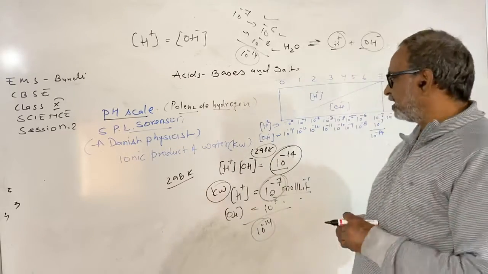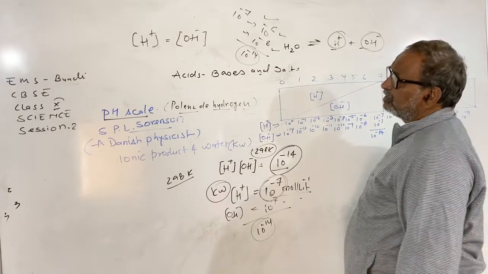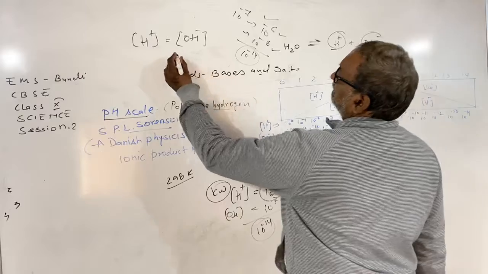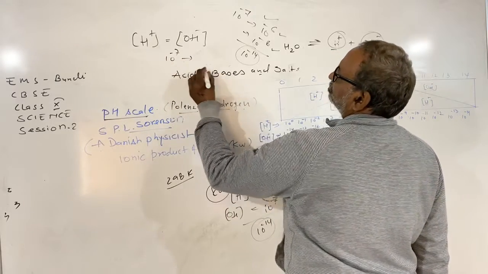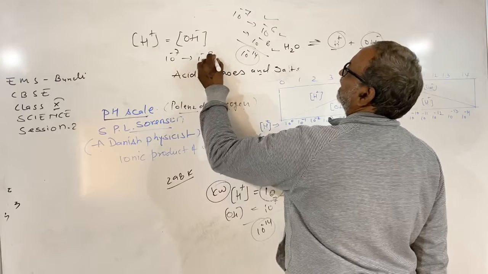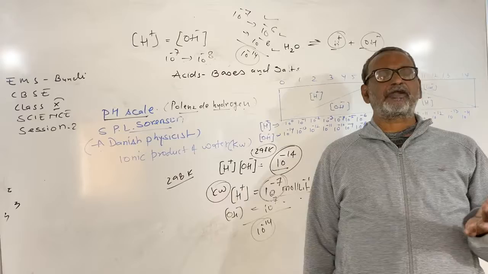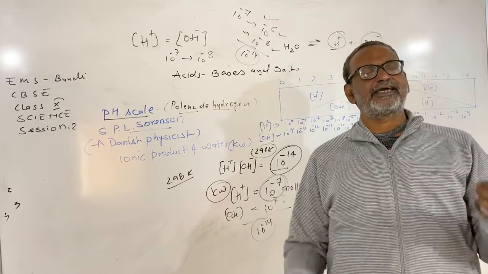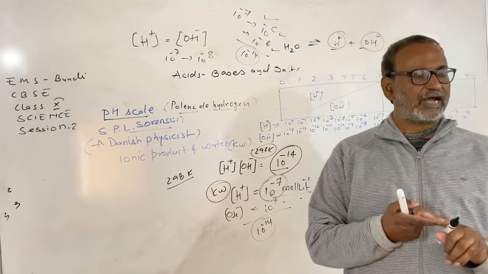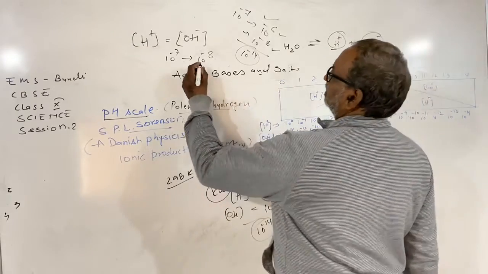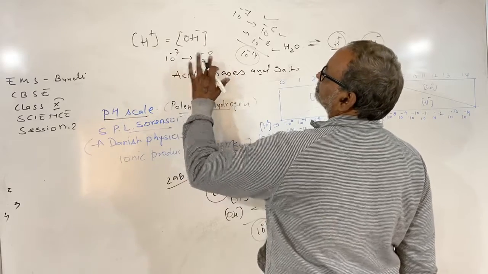Similarly, when a base is added to water, the concentration of the hydroxide ion would increase from 10 raised to the power minus 7 to, say, 10 raised to the power minus 6. But since the ionic product of water remains constant, there will be a corresponding decrease in the concentration of hydrogen ion, so that the ionic product of water will remain the same.